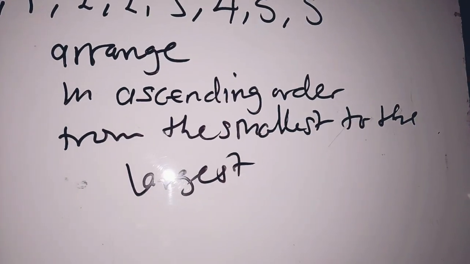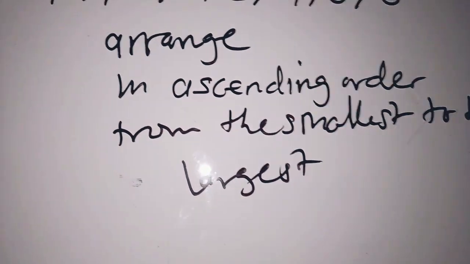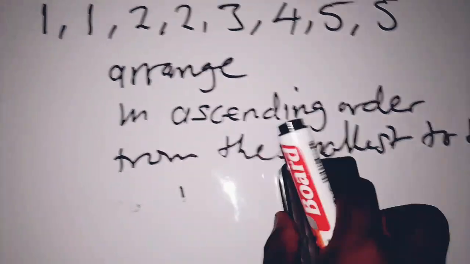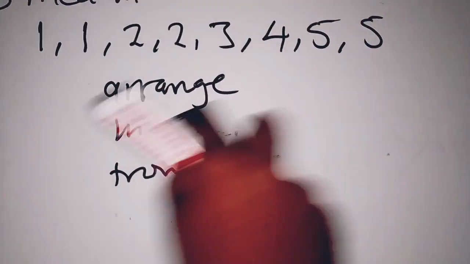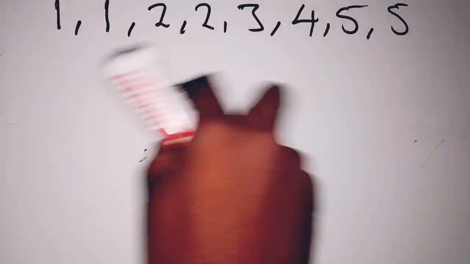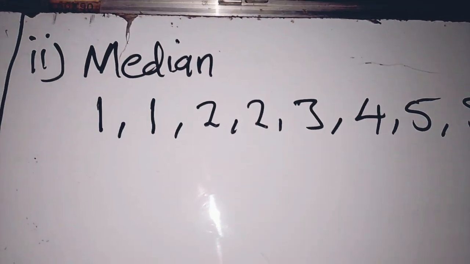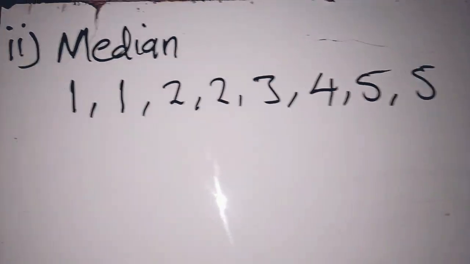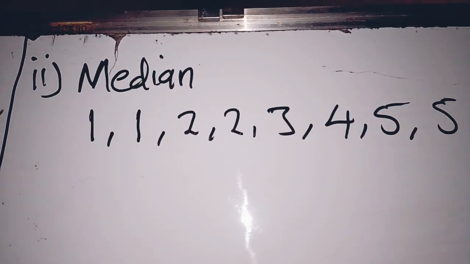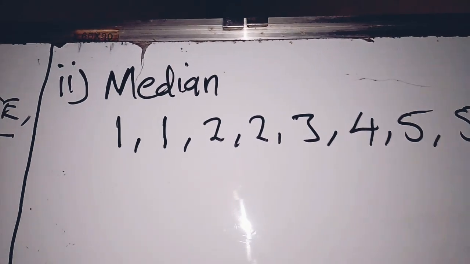This is the key to finding the median, especially for ungrouped data. So let's now see how we do it. Look at the numbers we have.